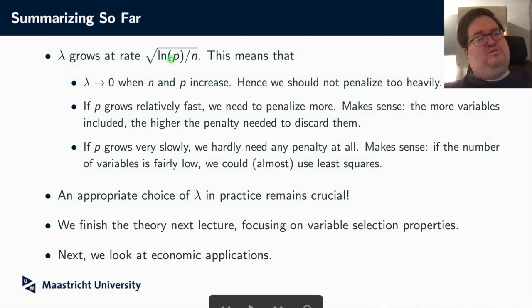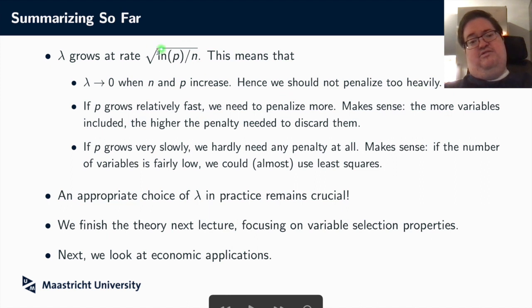Now you might be tempted then to say, if I have this rate square root of log p over n, well, I know p and I know n, so I can just calculate that quantity. Now, that would not be a very smart thing to do, because if I multiply that number by 1 million, it still grows at the same rate, as long as I put in log p over n. Also, dividing by 1 million still gives you the same rate.